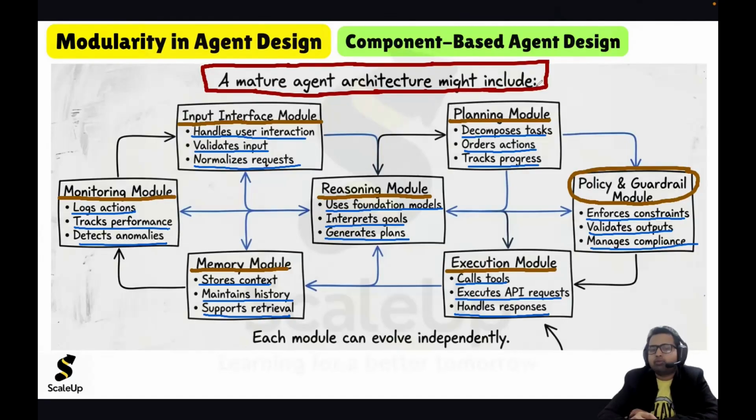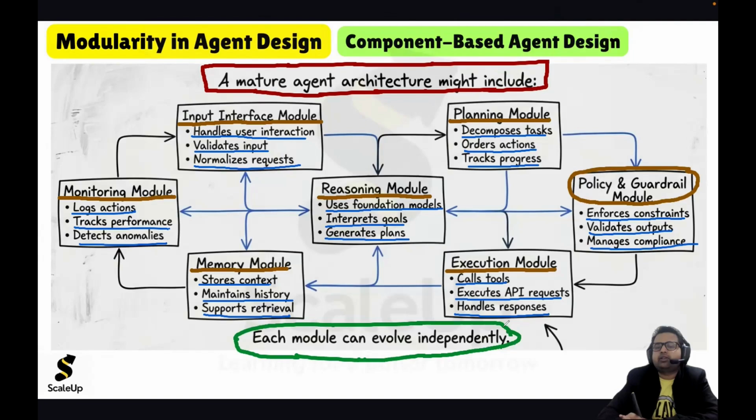We will have a memory module, which will store the context, maintain history, and support retrieval. We will also have a monitoring module, which will log the actions, track performance, and detect anomalies. And we will have policy and guardrail modules, which will enforce constraints, validate outputs, and manage compliances. So each module can evolve independently, and we can replace the modules. So that is the modularity in agent design, the component based agent design.